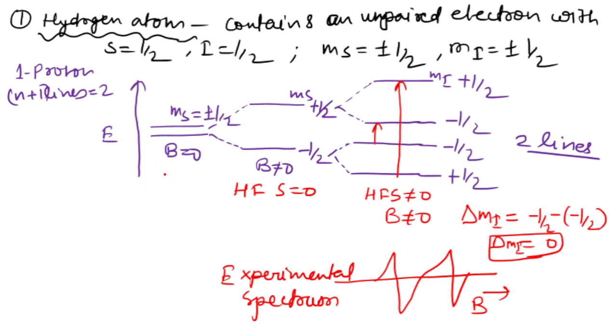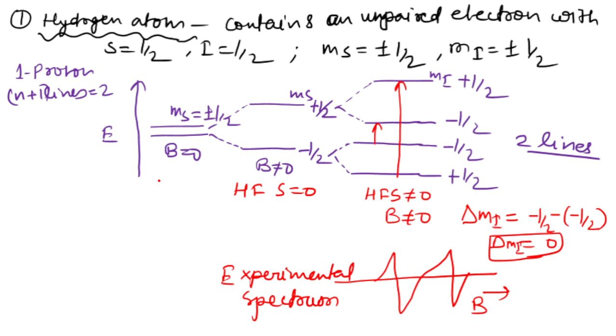Earlier, as you remember, I discussed in NMR spectra how neighboring groups affect each other through the n plus 1 rule.